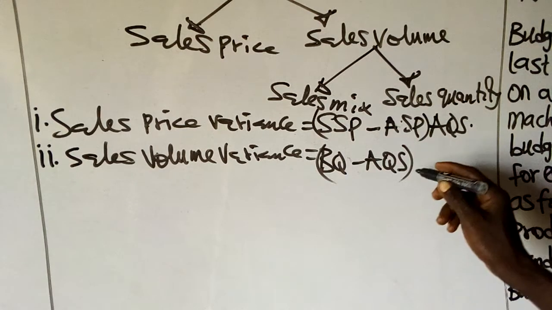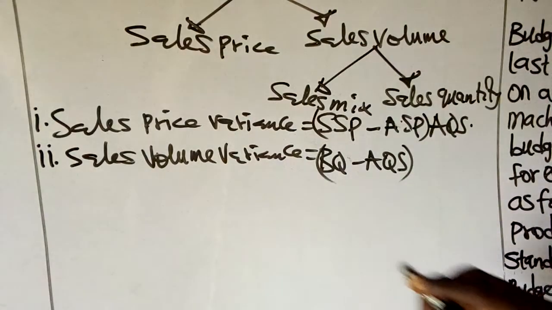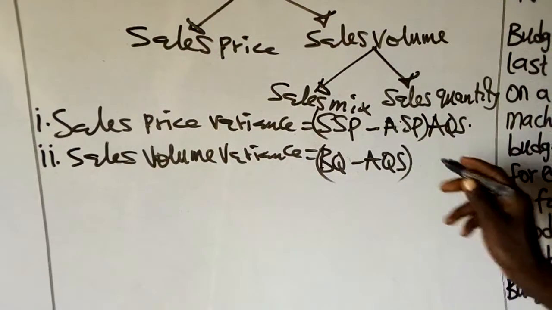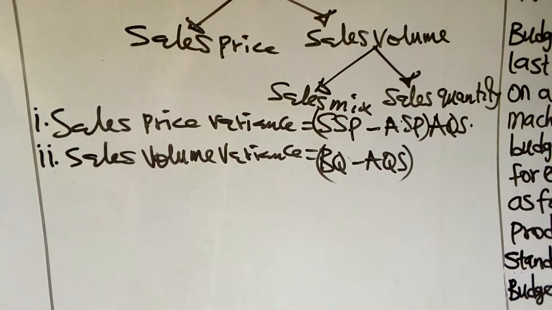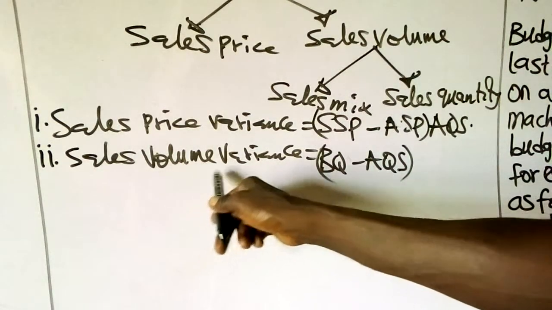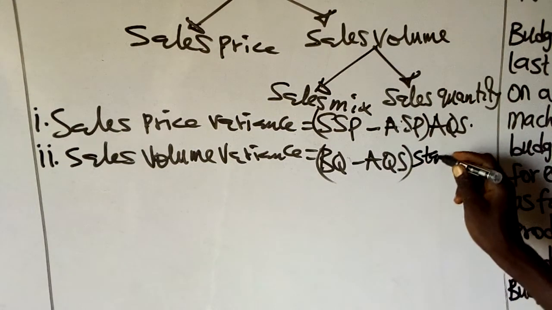If it is marginal costing, it becomes sales volume contribution variance, and this is multiplied by standard contribution. But if it is absorption costing, then it will be sales volume profit variance, and this is multiplied by standard profit.